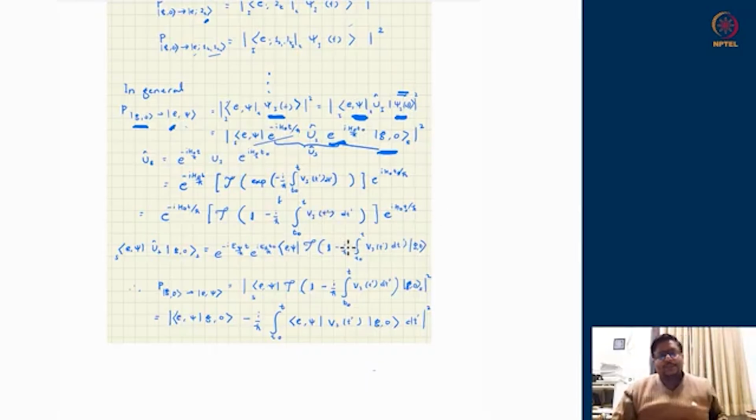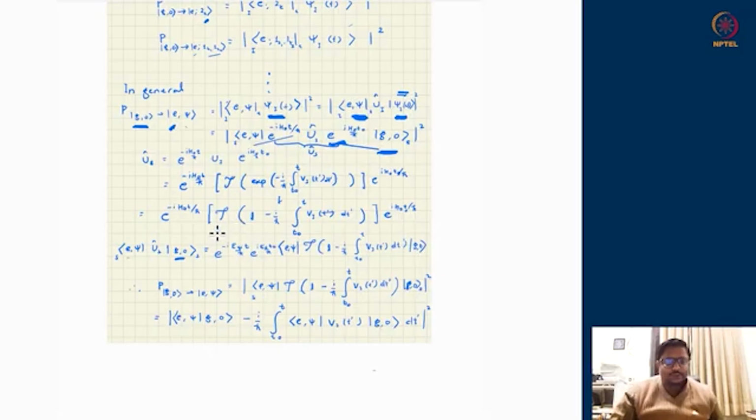So now let us open it up and see what I get. I have to take this Schrodinger unitary. See, the transition probability is the Schrodinger unitary US squeezed between the Schrodinger states G0 and E psi, from left and right. So I have to take this US and squeeze it between the initial state G0 and the projected final state, and the mod square of that will give me the probability.